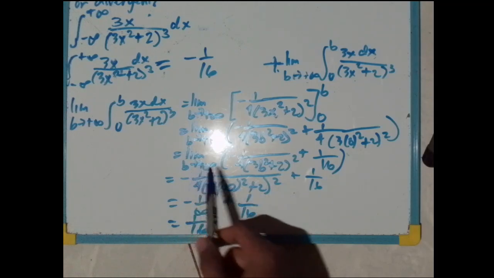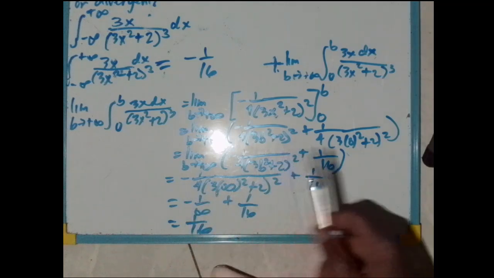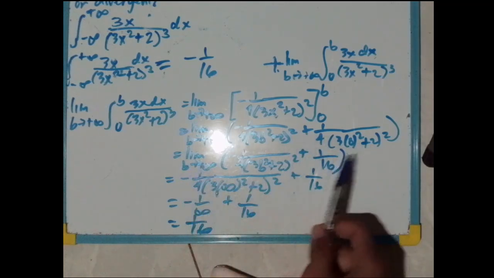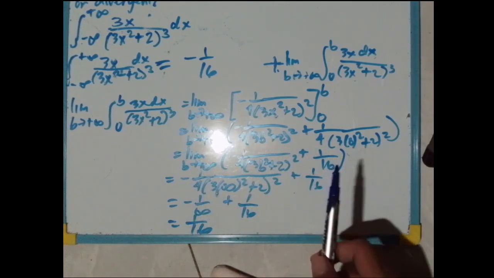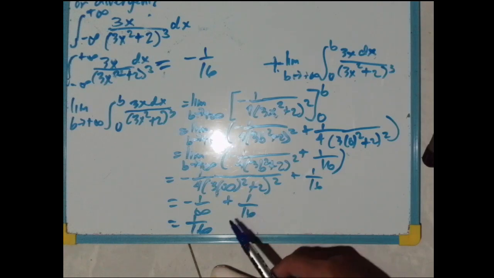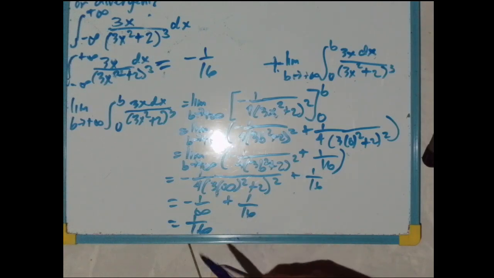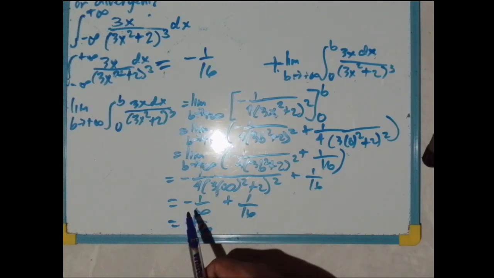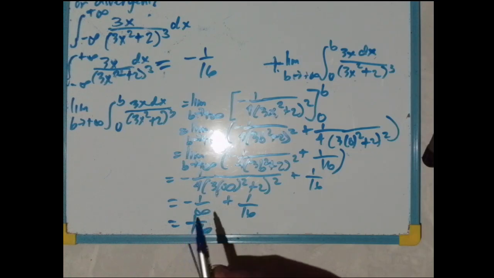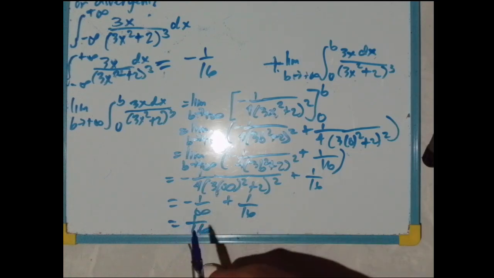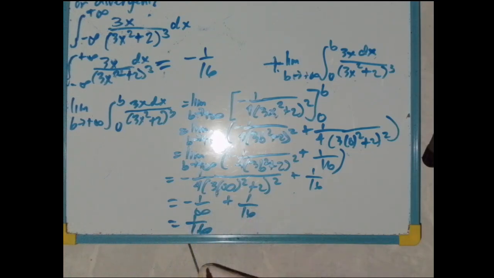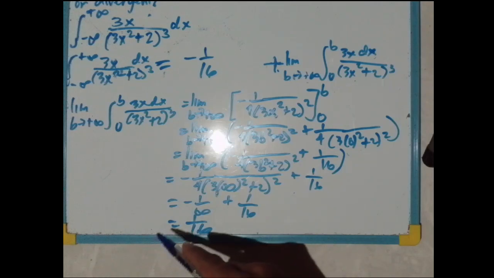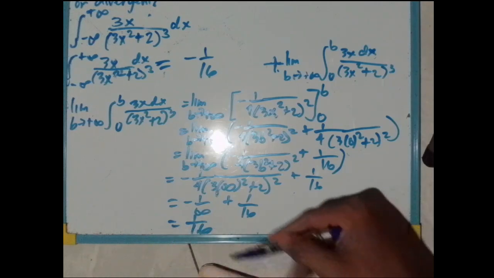The limit of 1 over 16, since it's a constant, is the constant itself, so we have 1 over 16. As we all know, negative 1 over infinity is 0, so we have 0 plus 1 over 16, so we just have 1 over 16.